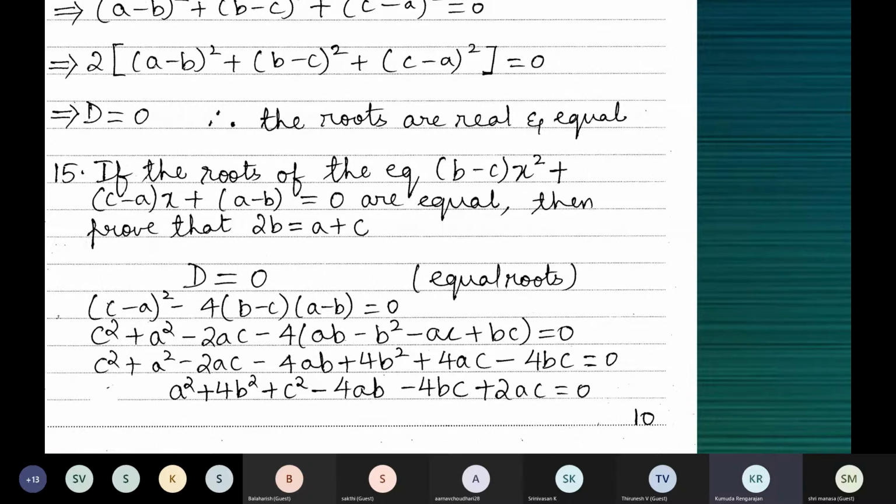So the 15th one: if the roots of the equation, what you see there, are equal, we are given a quadratic equation and we are given that the roots are equal, then prove that 2b is equal to a plus c. We are given a quadratic equation in the standard form. You can see the x square term. What is the coefficient of x square?